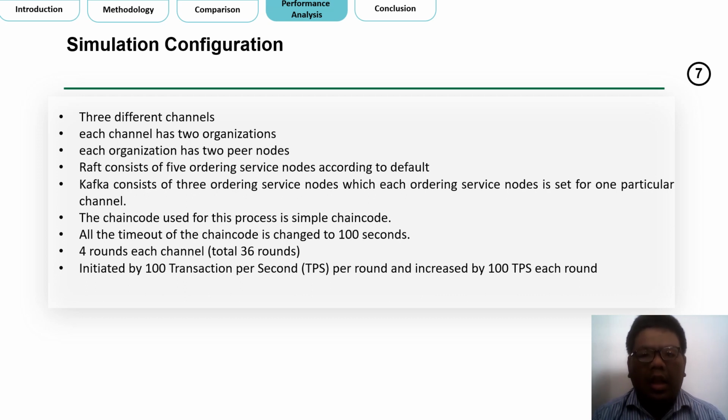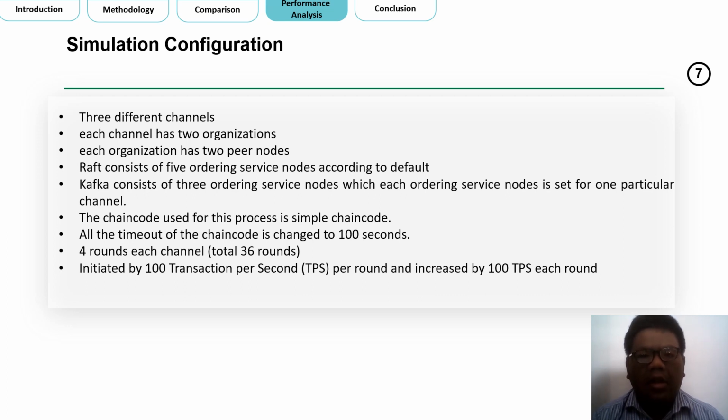The process is carried out in rounds for each channel, with a total of 12 rounds for each process and 36 rounds for the whole process, with the first round tested with a transaction speed of 100 transactions per second. And for the next round, the transactions per second were increased by 100.